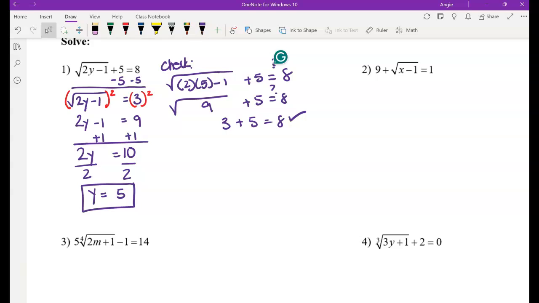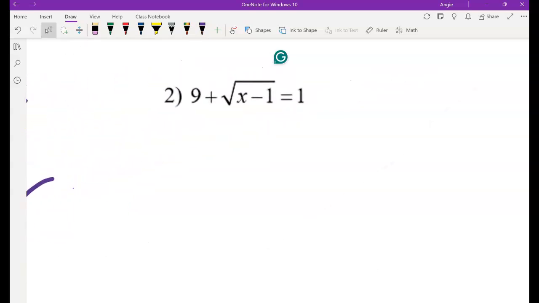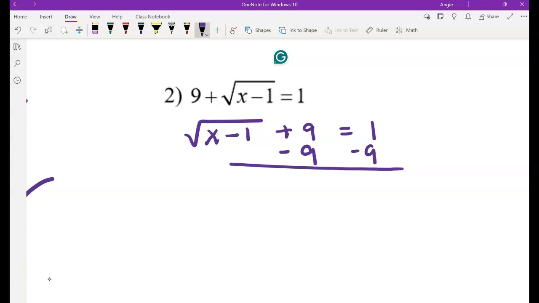Number 2, similarly, first step, isolate your radical. So we are going to move the 9. So this is read 9 plus square root of x minus 1 equals 1. Now another way to rewrite this, guys, the same as the original, is move the 9 in the back, because if it's an addition, it is commutative, meaning that you can move it back and forth. So this allows you to say, okay, I can move the 9.